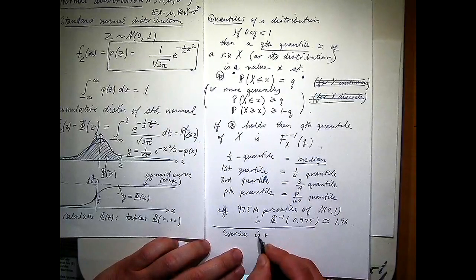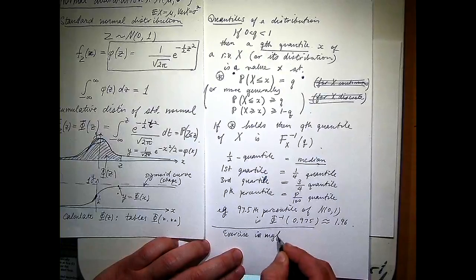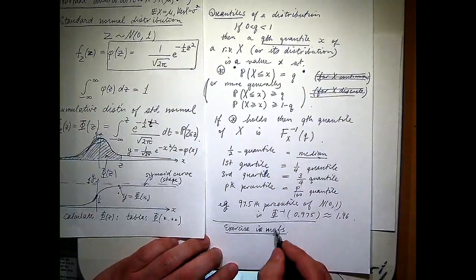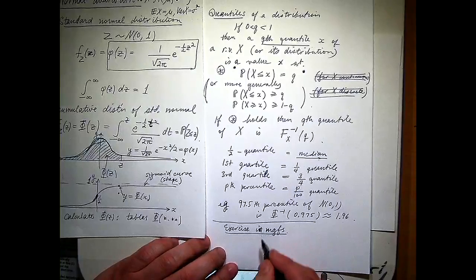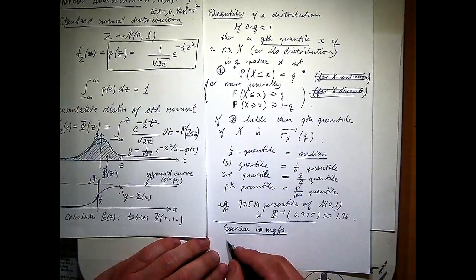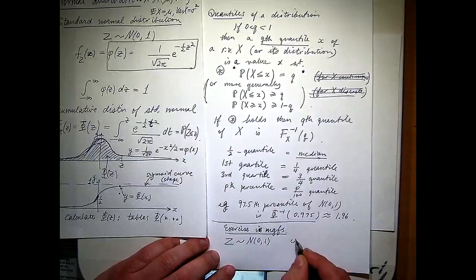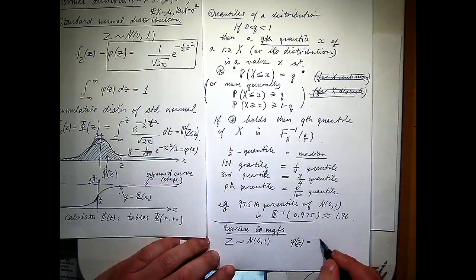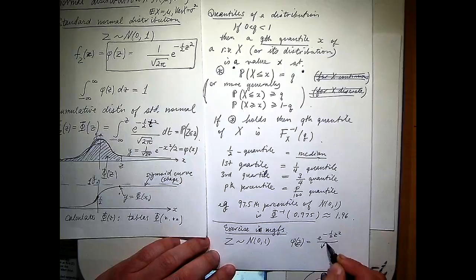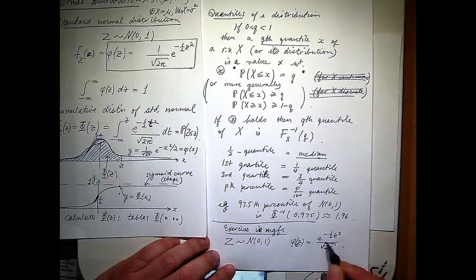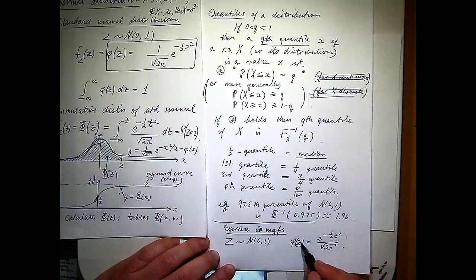So, an exercise in MGFs. Now, there's a slight trick involved in doing the MGF of the standard normal. Let's do it. If we have Z is normal 0, 1, a reminder that phi, the density, is e to the minus a half z squared over square root 2 pi. And you just remember that this thing integrates to 1. It's easy to forget.